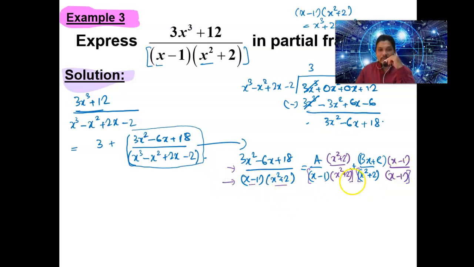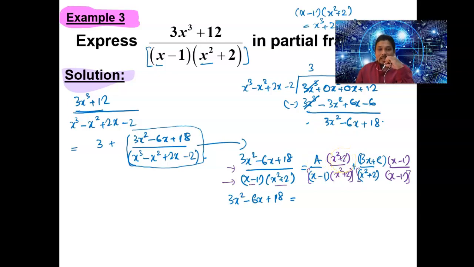So we may just ignore the denominator, and now we can simply focus on the numerator, which is 3x squared minus 6x plus 18 equal to, okay class, from example 1 and example 2, I used the method of substituting values of x chosen based on the factors that make everything here equal to 0.